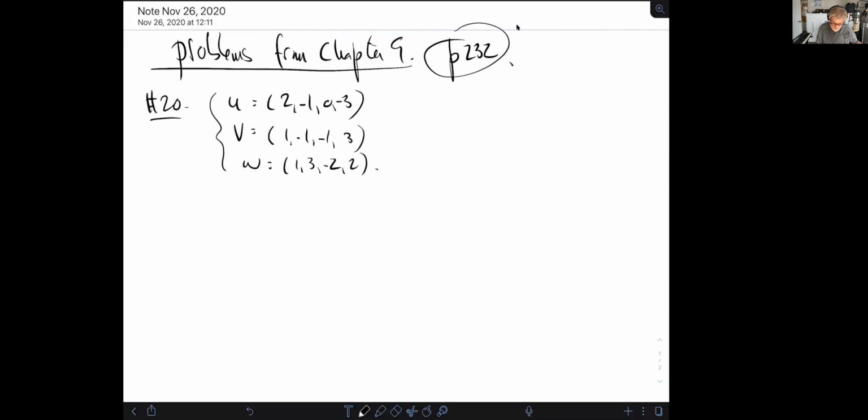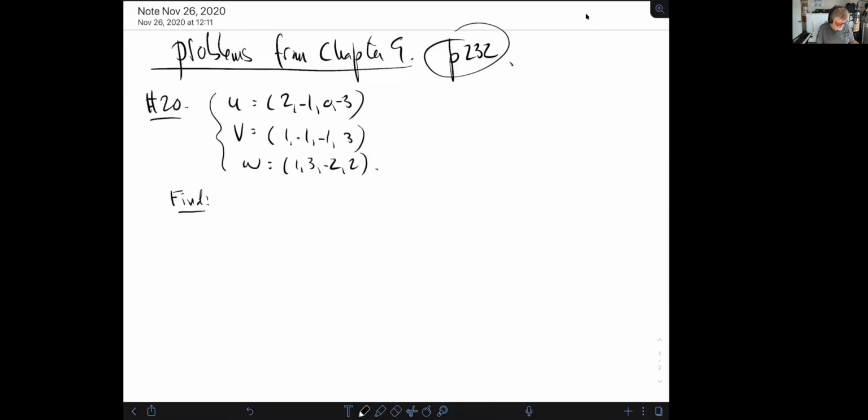So we're given these three vectors and we're asked to evaluate some expressions which are built from the two basic operations we have on vectors, which are sum of vectors and multiplication by a scalar.